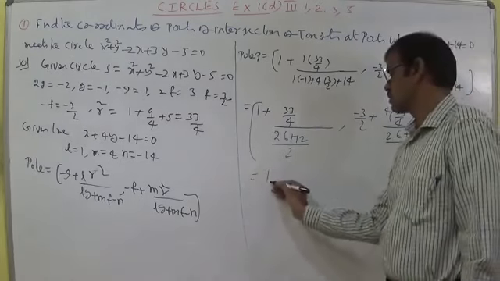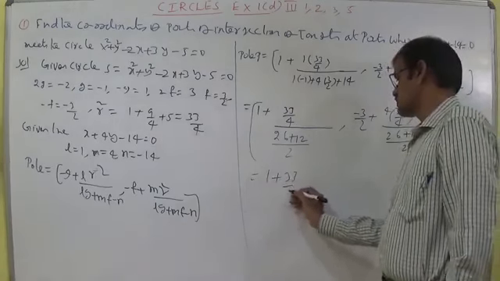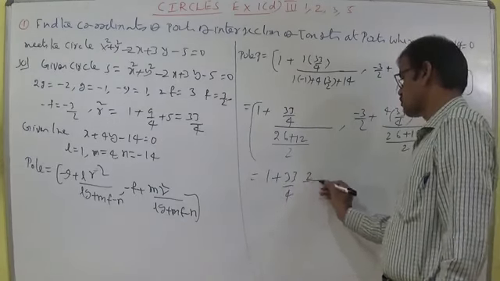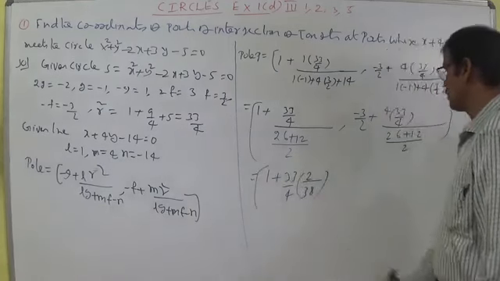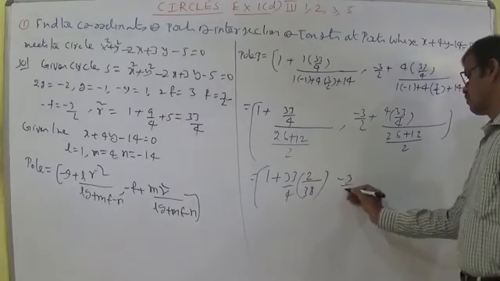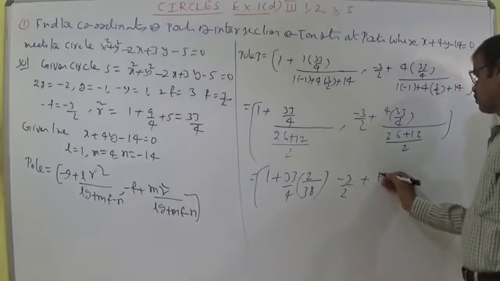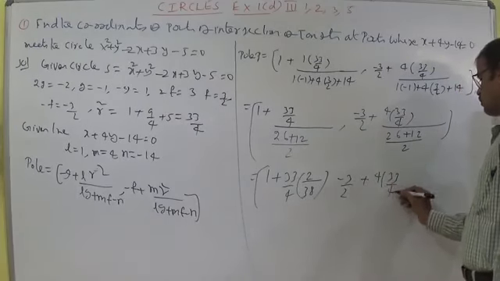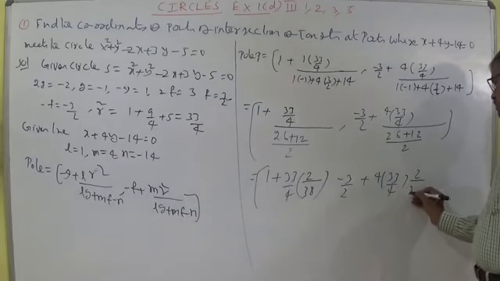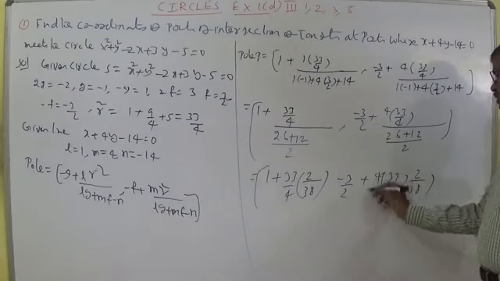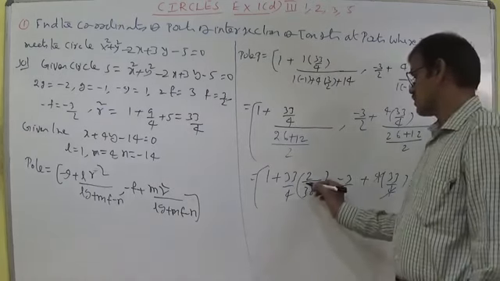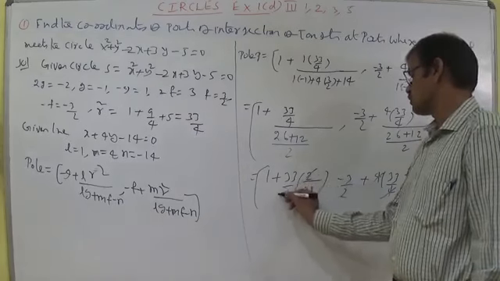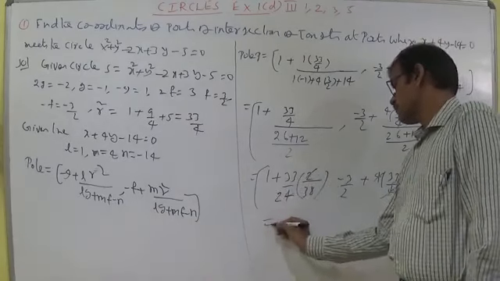So you can write here as 1 plus 33 by 4 into 2 by 38, comma, here minus 3 by 2 plus 4 into 33 by 4 into 2 by 38. Here now 4 gets cancelled, 2 becomes, will be cancelled as 19 times, here this 2 gets cancelled.